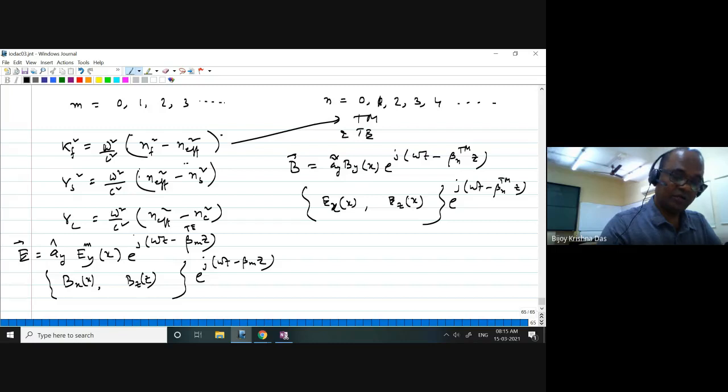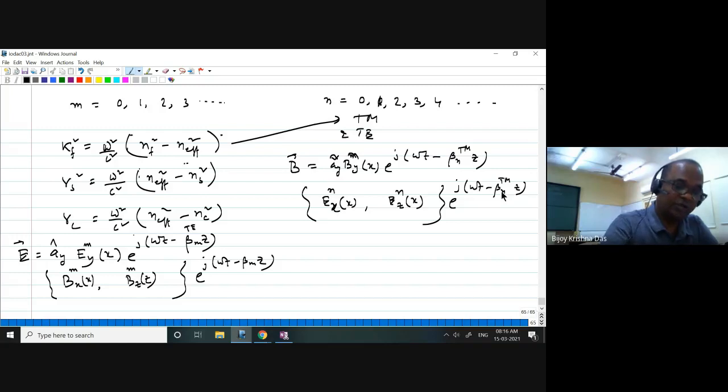Whenever I am writing this, here also we should write n. So nth mode, here also I should write m, right? So beta n. Is that clear? Any doubt till now?